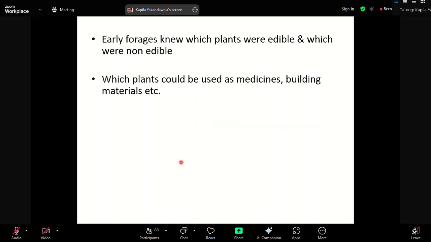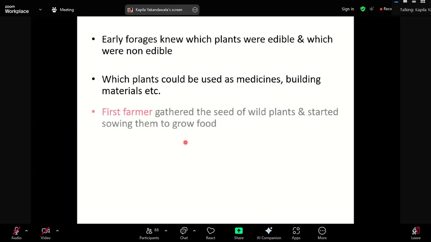Long ago, foragers knew certain plants as edible and certain plants as toxic. So they selected the edible plants and consumed them. And they knew that certain plants can be used as medicine, as building materials, etc. They passed this knowledge to the next generation.